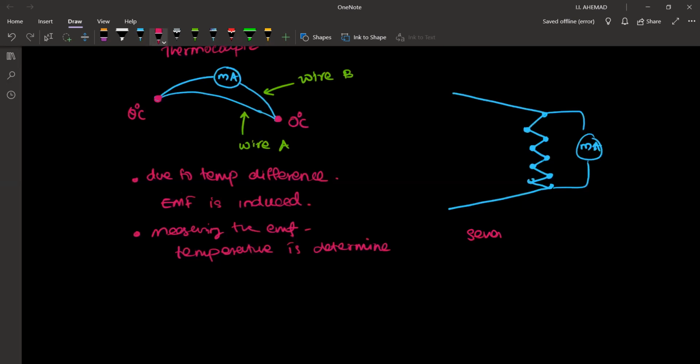Several thermocouples are connected in series to construct a thermopile.